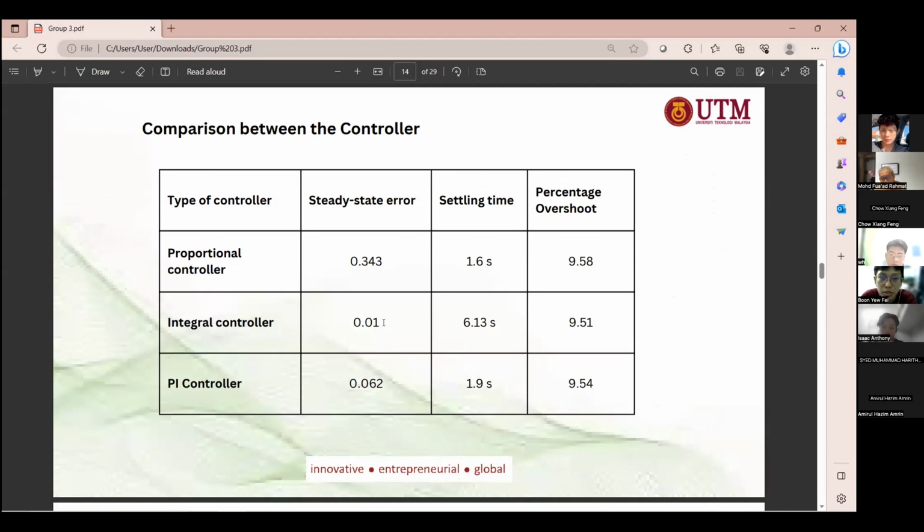For integral controller, steady state error 0.01. PI controller, steady state error 0.062. And then settling time, we have higher settling time on the integral controller. And then the percent overshoot, 9 point something, which is all under the specification.